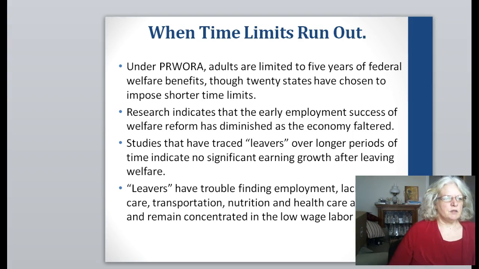In the new program there are time limits on how long people can be in the system, because we looked for a long-term welfare population that wasn't necessarily there. Over 20 states have chosen to impose even shorter time limits, which creates real issues in this economy.